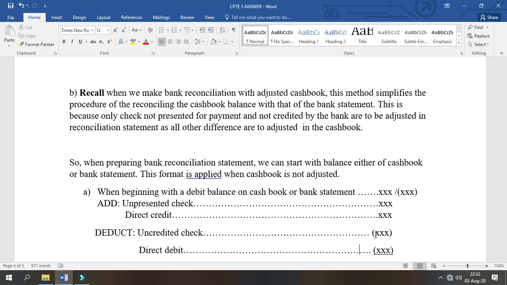This is the easy way of making a bank reconciliation statement.